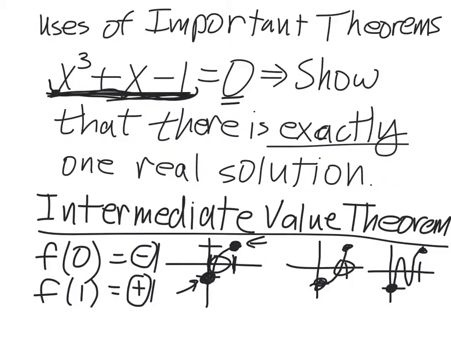Well, the intermediate value theorem tells us there's at least one real solution, and that real solution is going to be somewhere between 0 and 1. But now we're going to use Rolle's theorem to say, well, it's not just at least one, but there is exactly one. No more, no less. Okay. So let's take a look at how we do that.